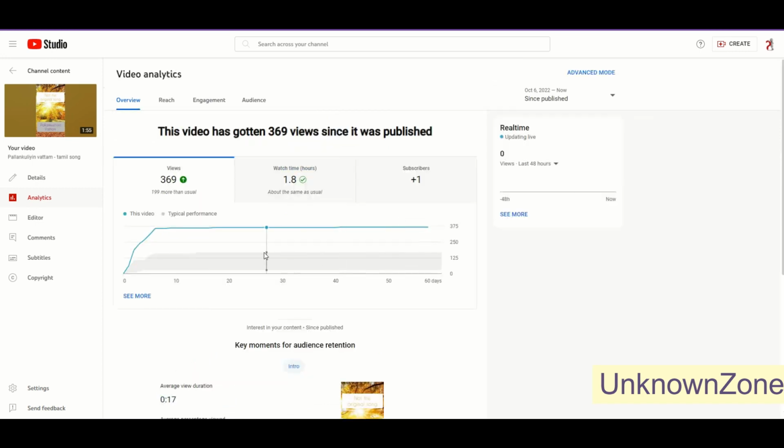See the chart, it calculates by day. From the day it was published, within the first 6 days, it took up to 359 views, but then there was only slight improvement, and from that day onwards there were only around 10 views.